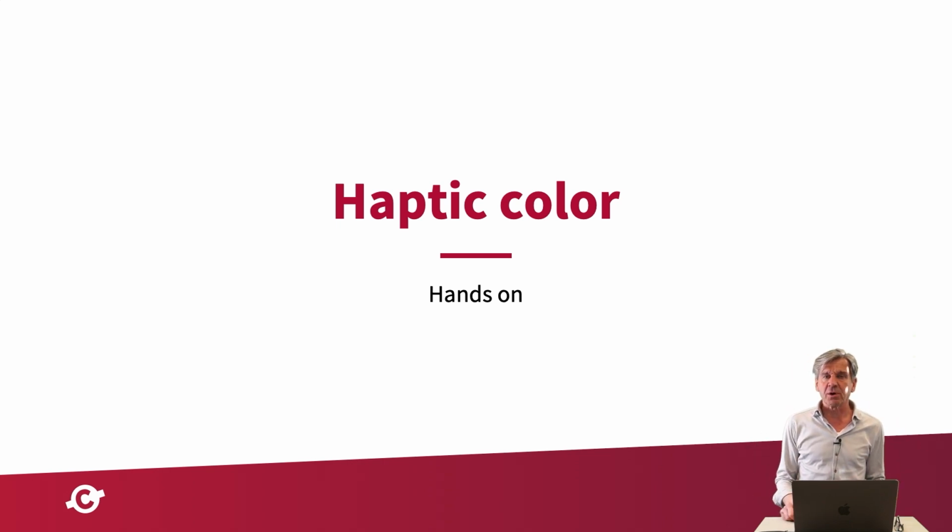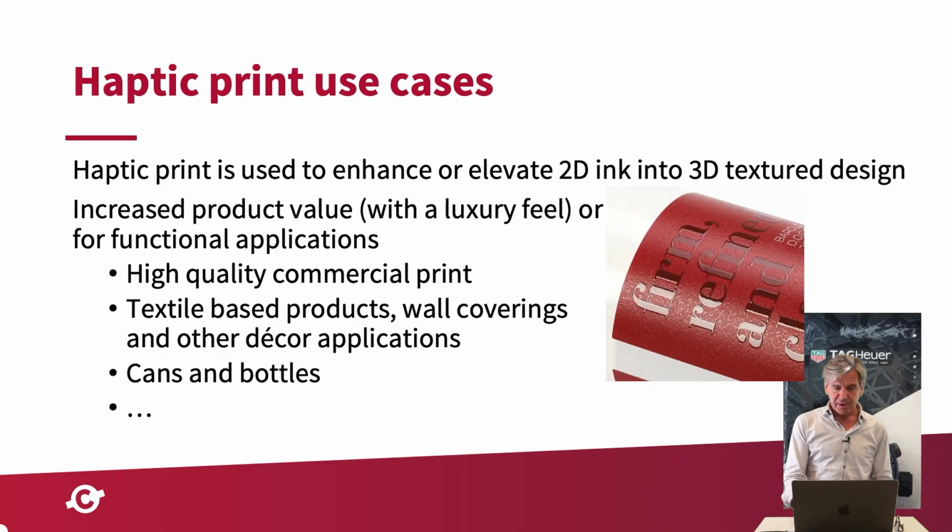It's going to be a short thing. It's about haptic color. And we also have some hands-on, as it should be for something that is haptic. So first, what actually is haptic color? What is haptic print? Yeah. It's you use printing in order to create some haptic appearance.